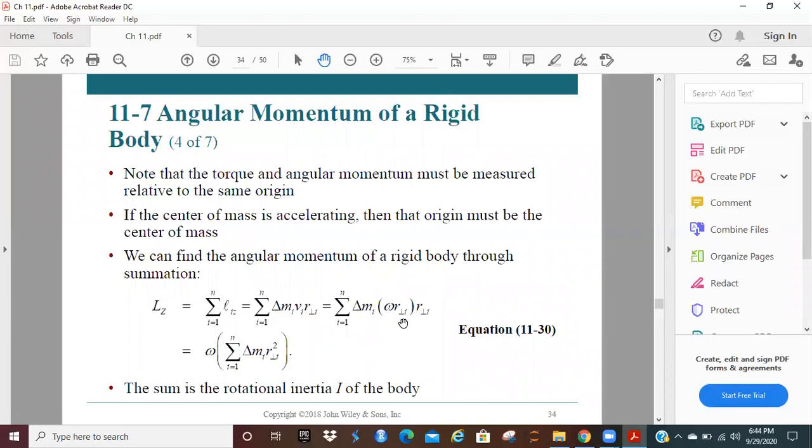If we replace v with omega times r, because that's the definition, if you remember that earlier in this section, and then that's multiplied by r, we can factor out omega, and then we're left with the sum of m r squared. If you remember, that's going to be considered your rotational inertia, or your moment of inertia.